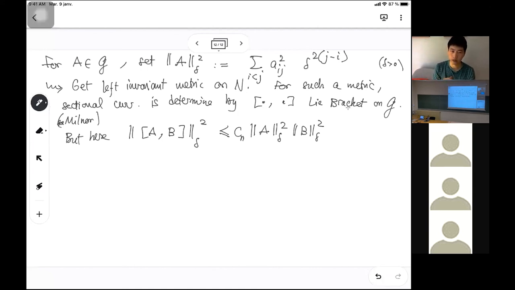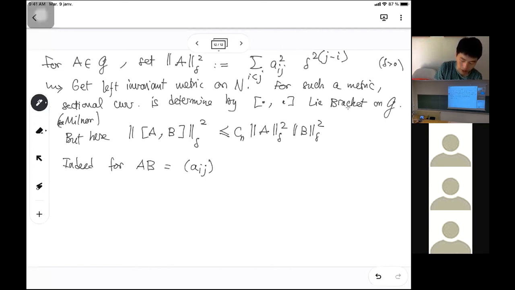Delta is right now fixed, but we're going to send delta to 0 later. In order to check that, let's look at, for example, the product AB.